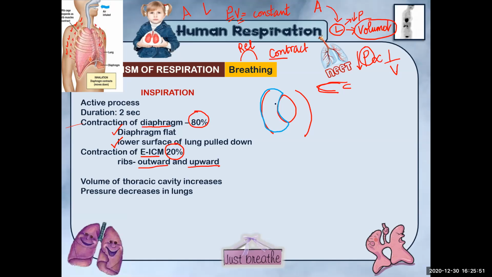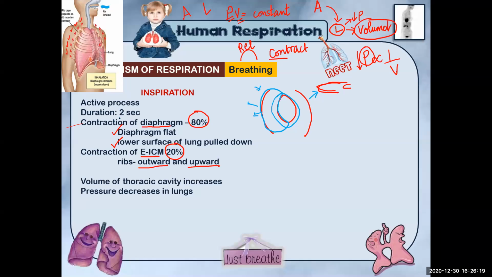The visceral pleura is attached to the lungs, the parietal pleura is attached to the thoracic cavity. So अगर thoracic cavity stretch होगा तो parietal pleura भी stretch होगा, तो lungs भी stretch होंगे. So the volume of thoracic cavity increases, that gives more space for the lungs to expand. So volume of the lung will also increase and pressure inside the lung will decrease.